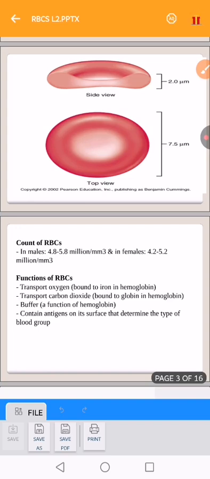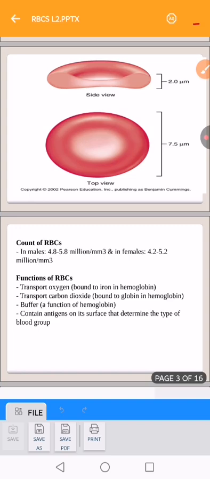What are the functions of the RBCs? Why do we need RBCs in our body? The main and most important function of the RBCs is transport of gases. It transports oxygen from the lungs to the tissues, and carbon dioxide from the tissues to the lungs. When we discuss the components of the RBCs in biochemistry, you will understand it very well.